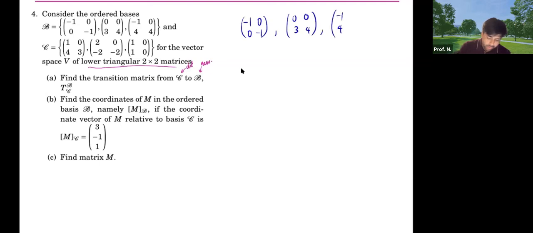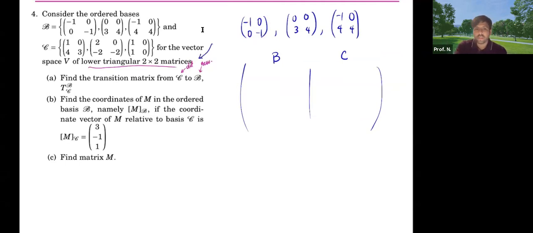You got -1, 4, 4, 0, right? The idea is to have the new basis vectors here and the old basis vectors here. The question is, how do we represent this as a vector? That's the difficult part, because the idea behind this particular kind of problem is, what's the dimension of this subspace? This is a subspace.